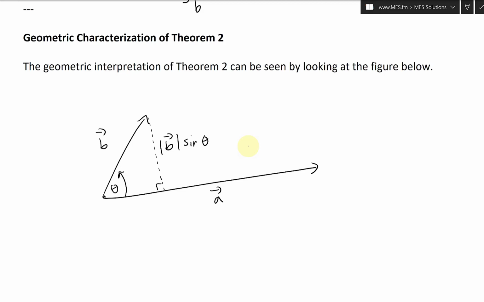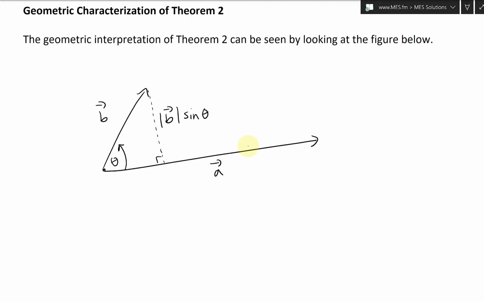Recall, it's pretty straightforward. I'll just put that here, move it downwards, and now we have that length there.